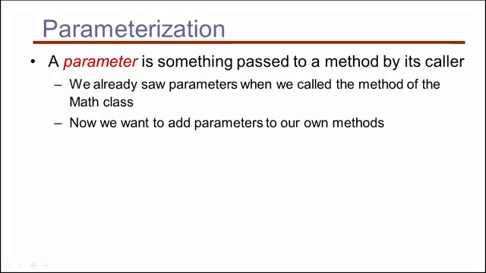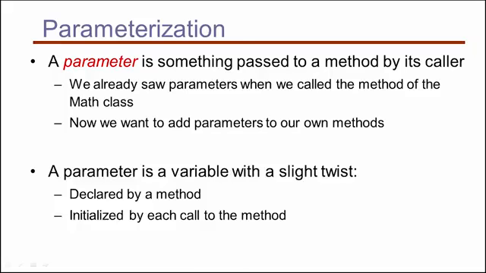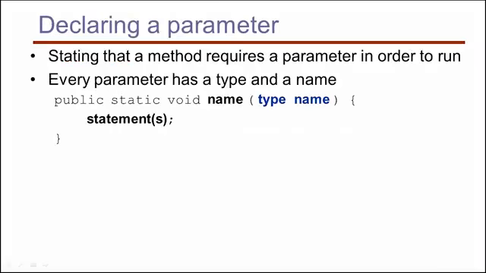A parameter is simply a value that a caller wants to pass into a method that is being called. We've already seen how this works when we discussed the math class and all its static methods. A parameter is a special type of variable that is declared in the method header and will be given a value each time the method is called. When you declare that a method accepts a parameter, then calling that method requires that you provide a value for that parameter.